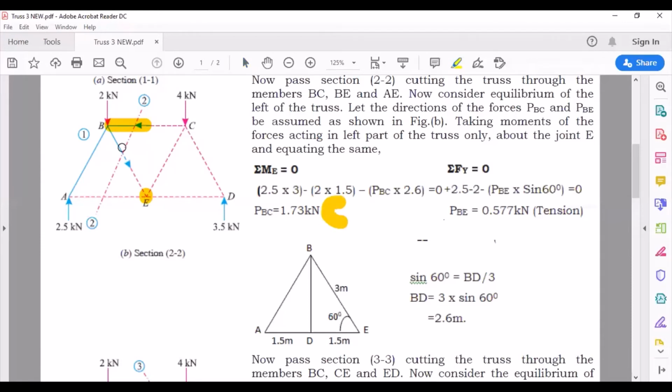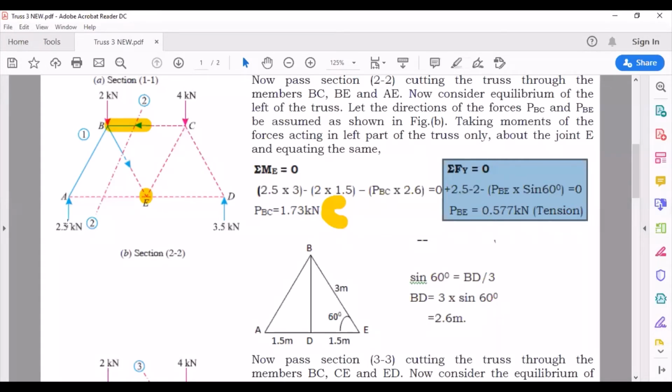Now next, I want the member force BE. So what will I do? I'll take the equation sigma Fy. I'll not take sigma Fx because I do not have horizontal forces or horizontal action. So it is better we take sigma Fy. Consider all the vertical forces acting on the left of the section.